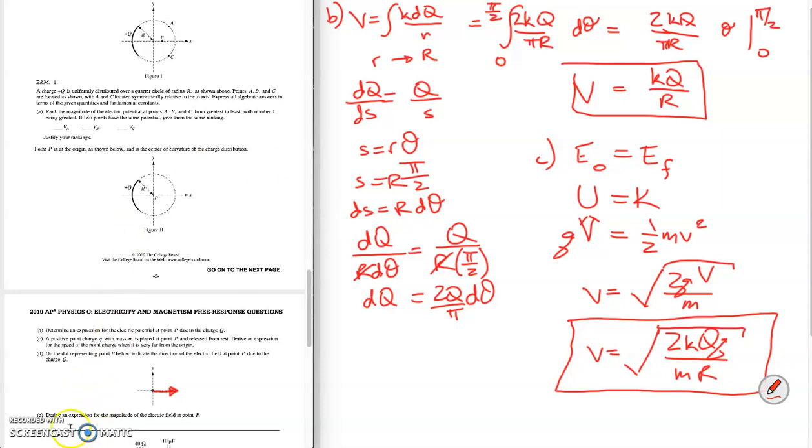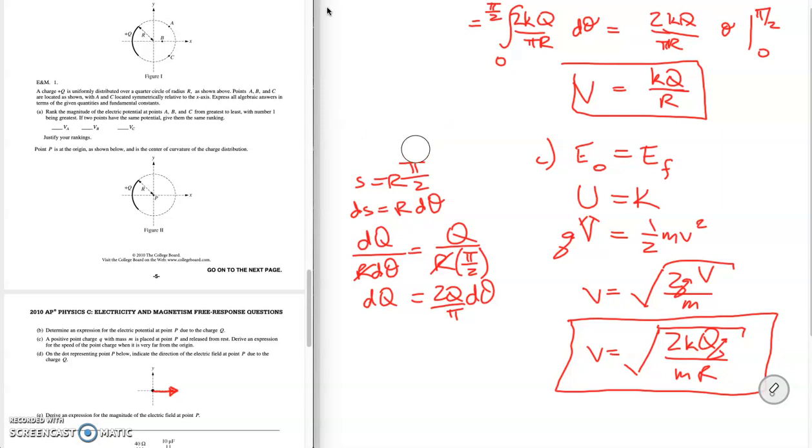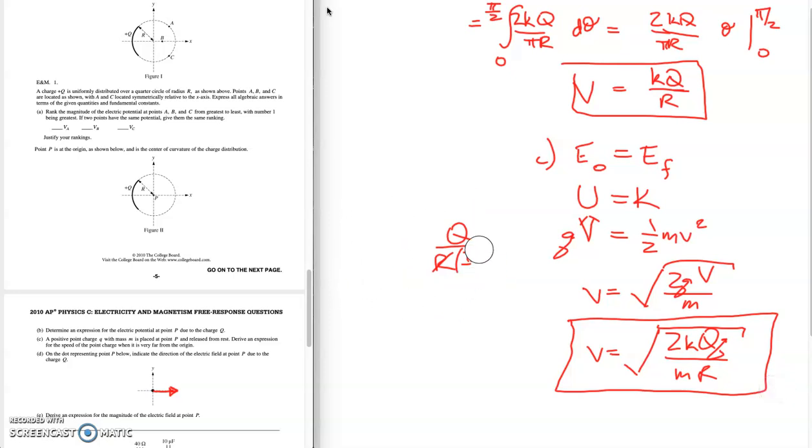Now, what this means is for part E, we're going to have to do some vector calculus. So let's clear out everything from previous parts where we were finding the voltages, because that's really not that useful right now.